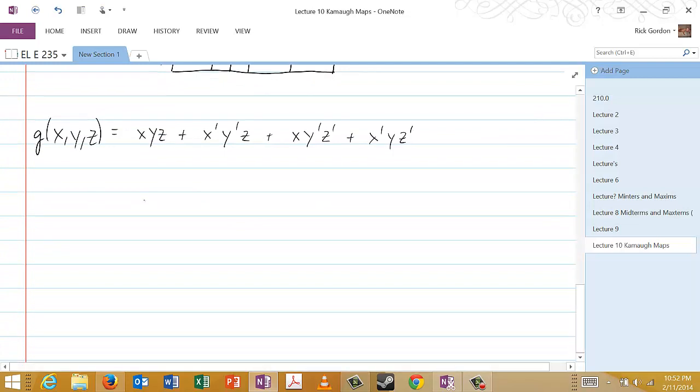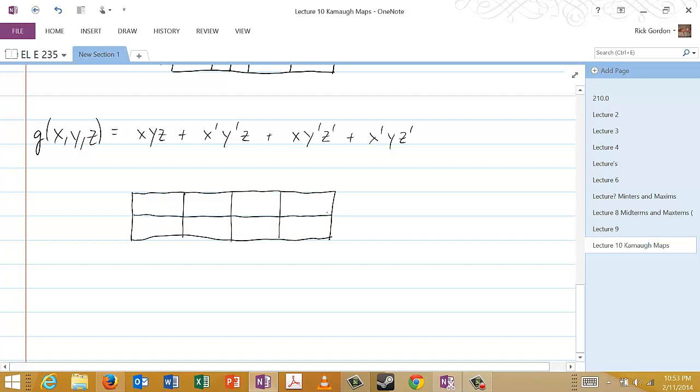And so once again, this is a function of 3 variables, and therefore we're going to have 8 cells in the Karnaugh map. And once again, I'll label the vertical axis as x. The horizontal axis, I'll have y and z: 0 0, 0 1, 1 1, 1 0.